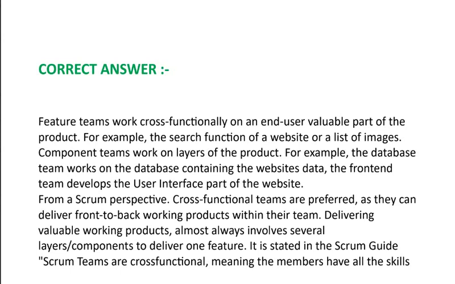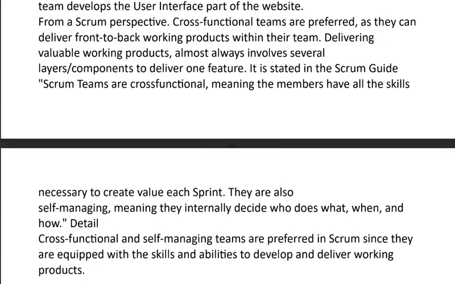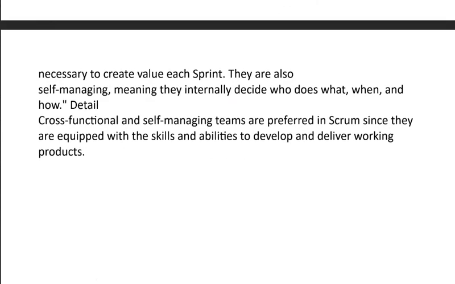Scrum teams are cross-functional, meaning the members have all the skills necessary to create value each sprint. They are also self-managing, meaning they internally decide who does what, when, and how. In detail, cross-functional and self-managing teams are preferred in Scrum since they are equipped with the skills and abilities to develop and deliver working products.